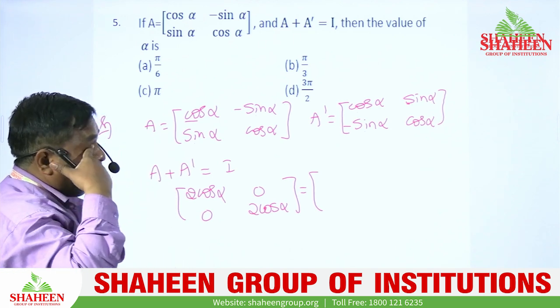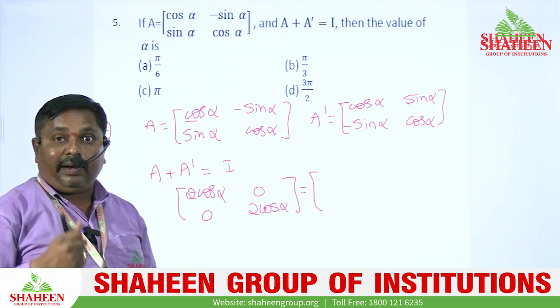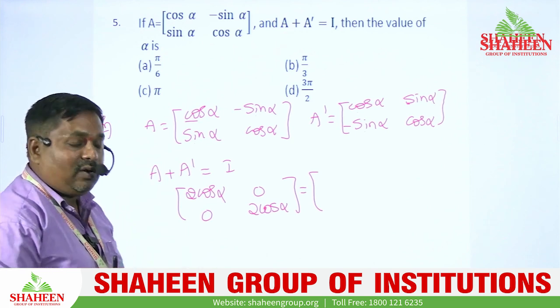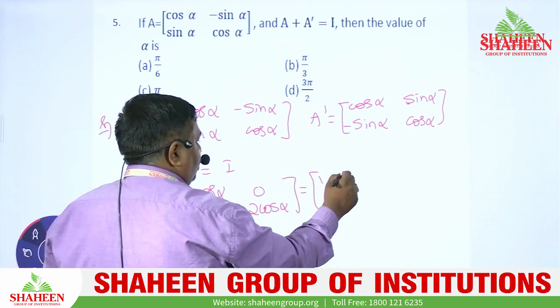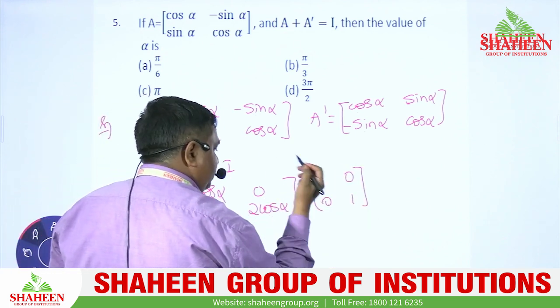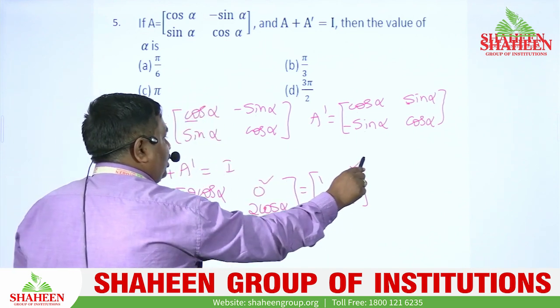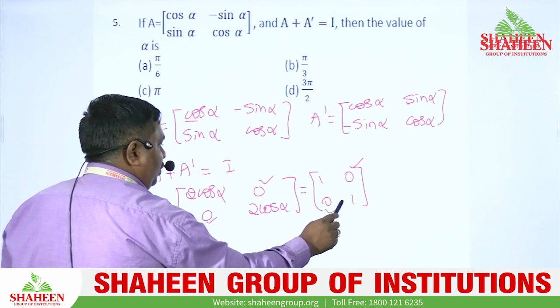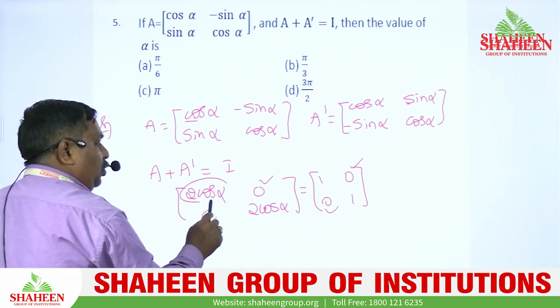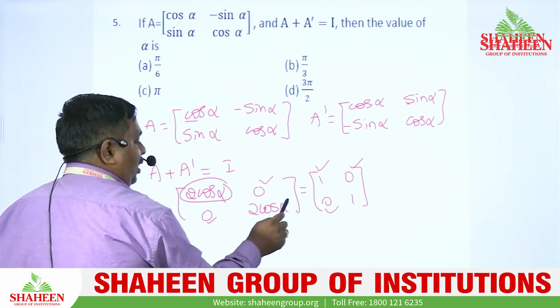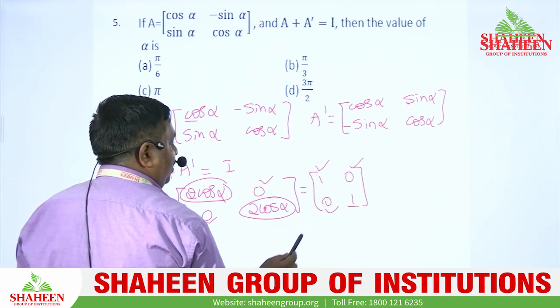You know, identity matrix is a diagonal matrix whose diagonal elements are 1, then 1 0 0 1. We have taken this identity matrix. The second element 0 0, third element 0 0, the first element 2 cos alpha equal to 1, and the last element 2 cos alpha equal to 1.